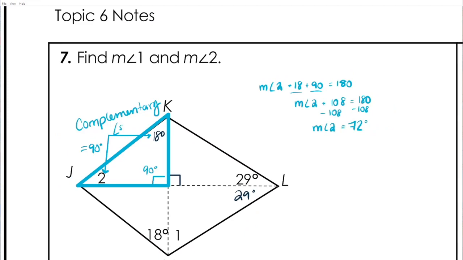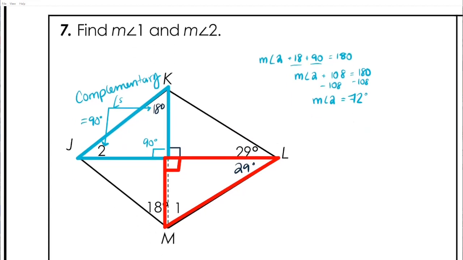And then we're going to do the same thing now to find angle 1. Again, we have a right triangle. I know that because it's a kite, and in a kite, our diagonals are perpendicular. So the measure of 1 plus 29 plus 90 is 180.